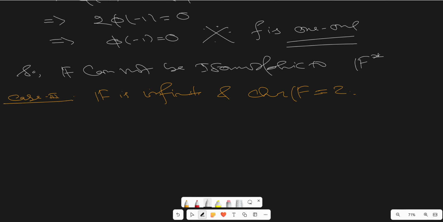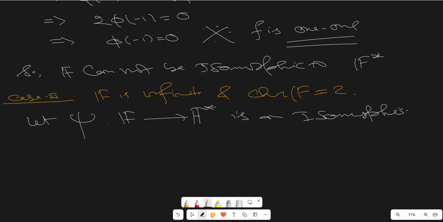Similarly, suppose you have an isomorphism phi from F to F star as a group. If it is an isomorphism, then the identity goes to identity: phi of 0 is the identity, and this goes to 1, it definitely should go to 1, right?